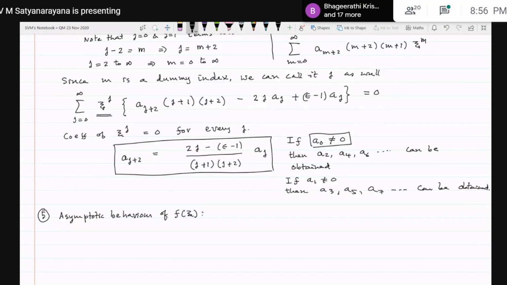Now f of z is given by this power series. Note that f of z is equal to sum over j equal to 0 to infinity of aj into psi to the j. If you are given a0 and a1, then you can use this recurrence relation to get all other coefficients.